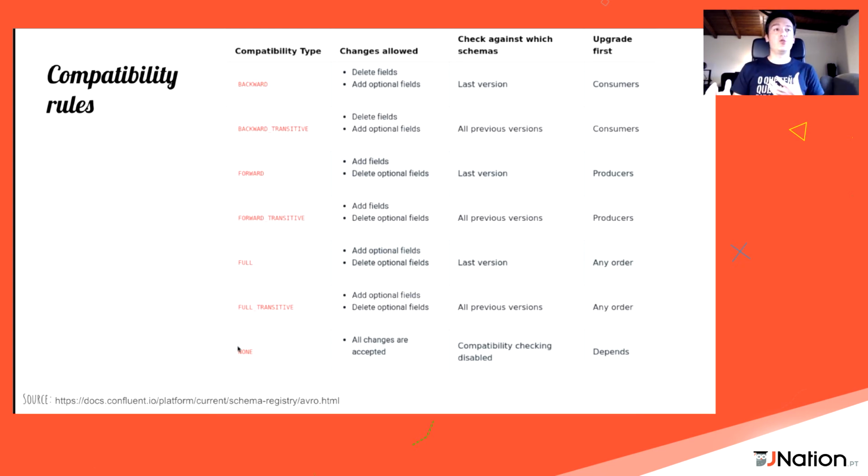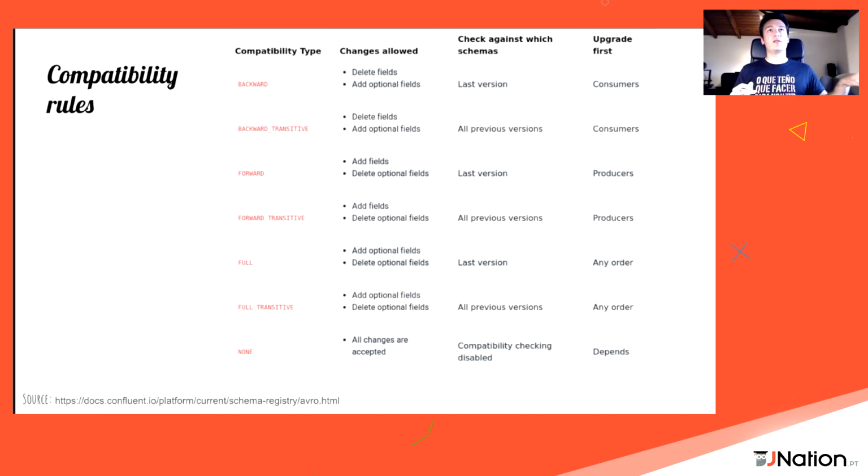Depending on what you choose, the old schemas may read the new messages, or the new schemas may read the old messages, or both things. Okay, so this is very important to keep compatibility in big asynchronous architectures and make sure things work well.